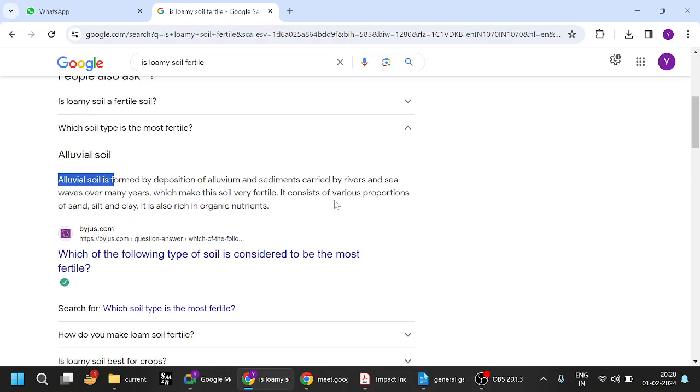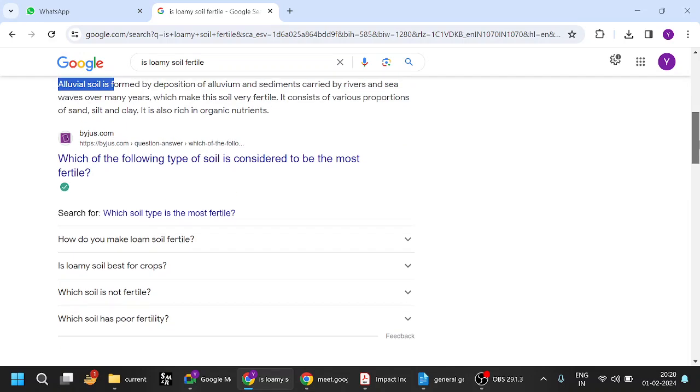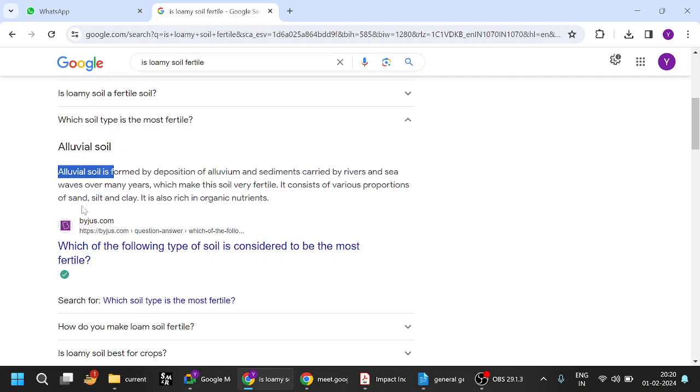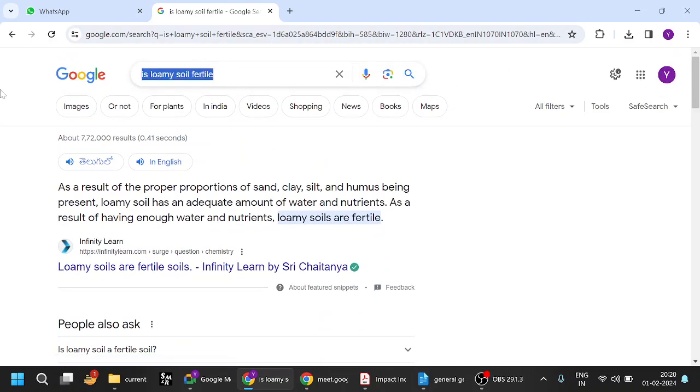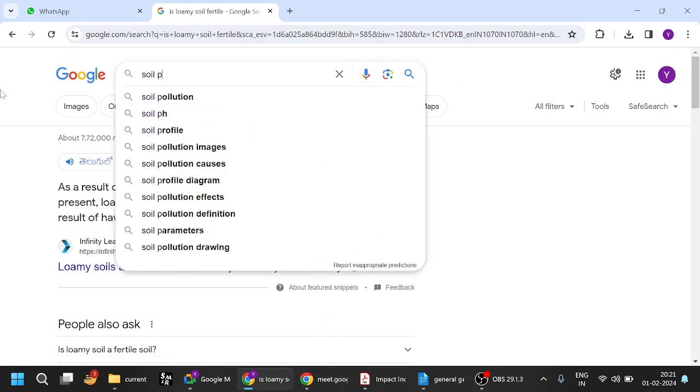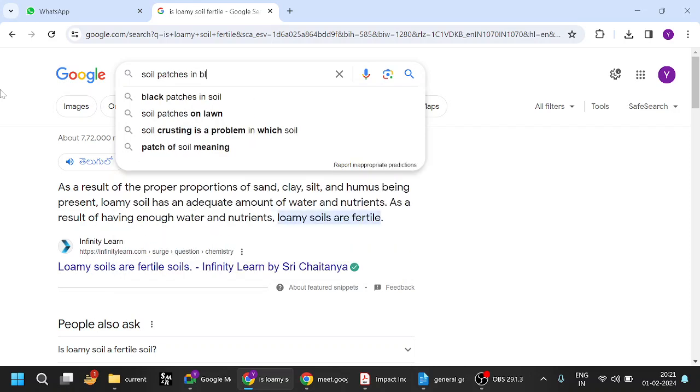Okay, which makes the soil, various proportions of sand, silt, clay. So alluvial soil, black soil, those are different types of soils. Among that, you have sandy, loamy, clay, silty, etc. These black soils have a lot of clay content. That is why you will see patches, I mean, when the soil dries, you have soil patches in black soil.